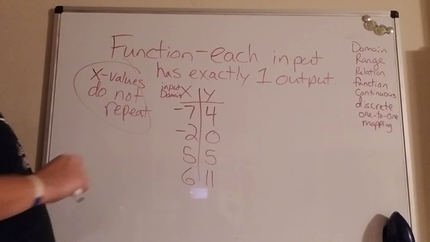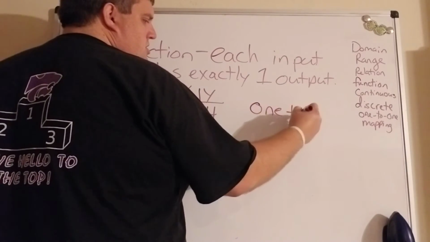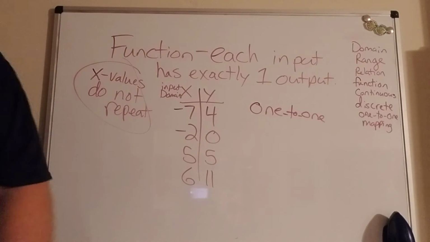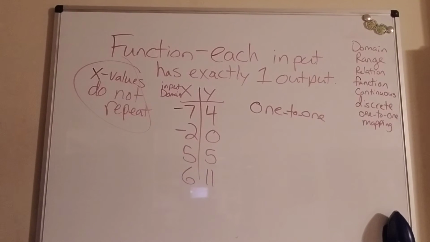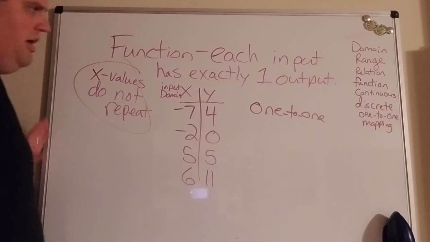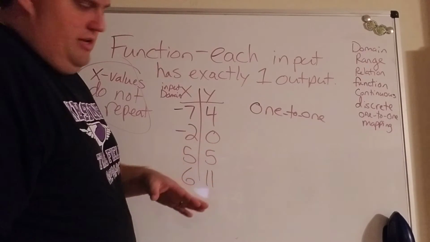Now, functions could be what we call one-to-one. If a function is considered one-to-one, that's kind of the opposite of what it means to be a function. Well, not really the opposite, because you can still be a function. So a function is one-to-one if no two numbers in the input go to the same number in the output.